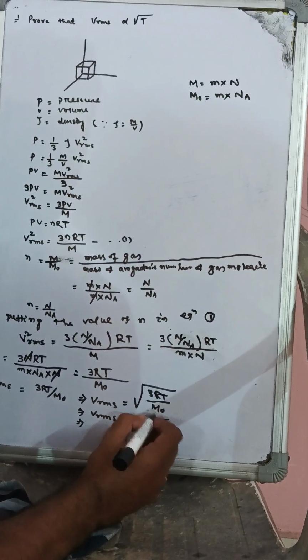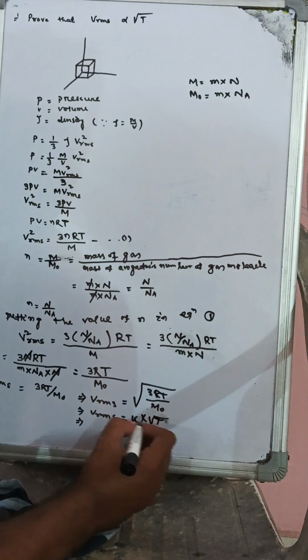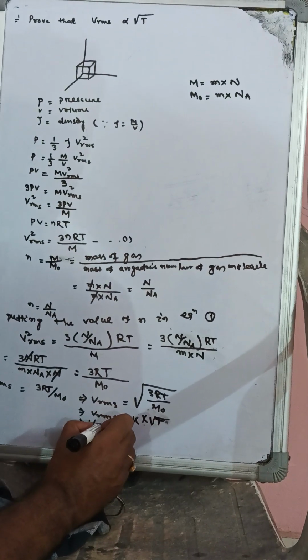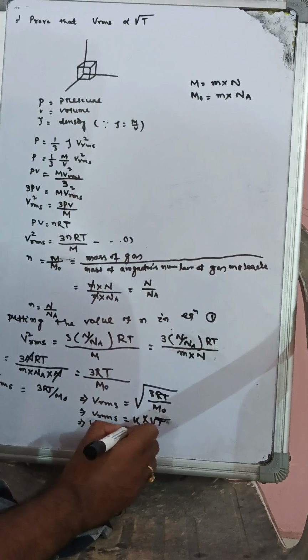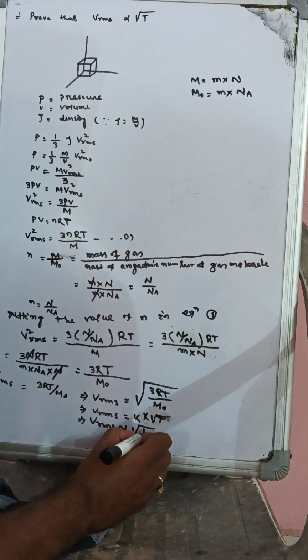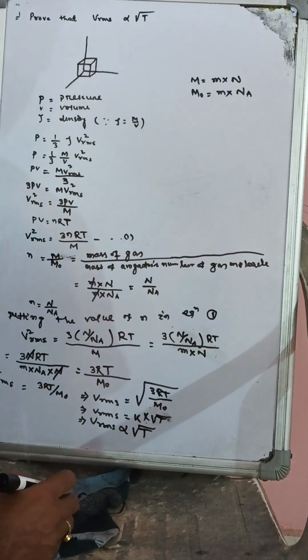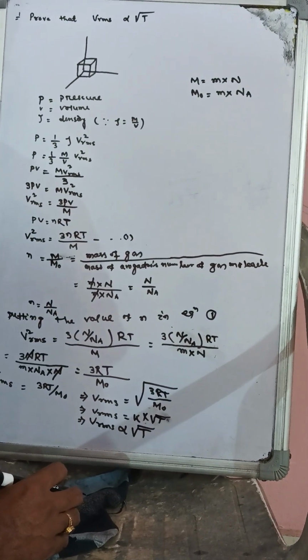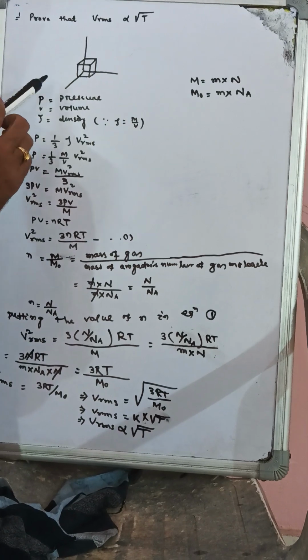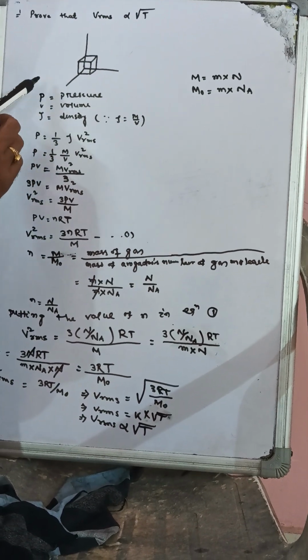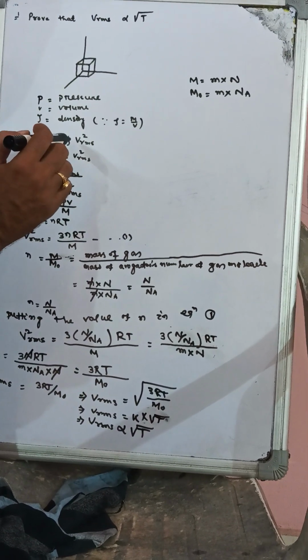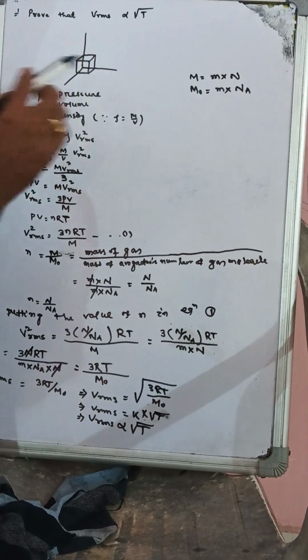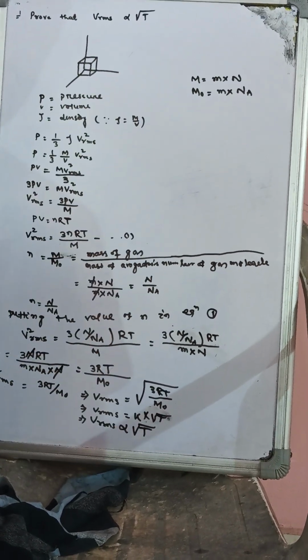Then Vrms is directly proportional to the square root of the temperature. Okay, the pressure exerted by the gas molecule on the wall of the container, P is equal to 1 by 3 rho Vrms square. Then we have to prove in this way. Thank you.